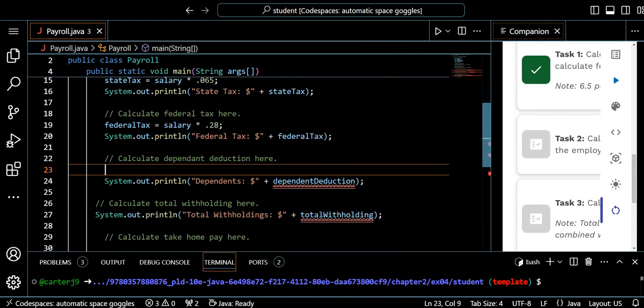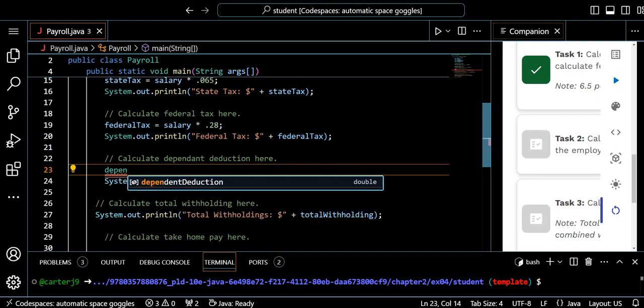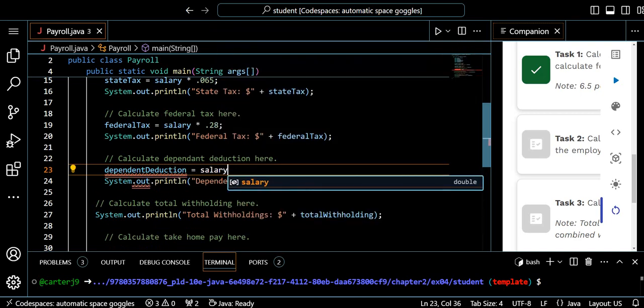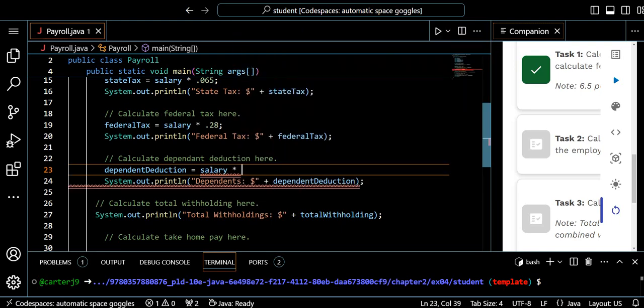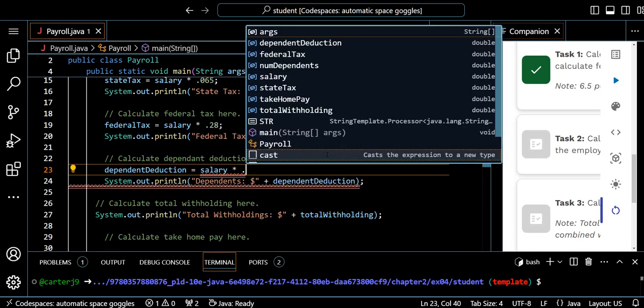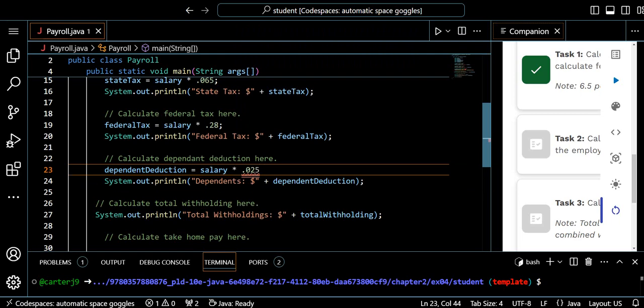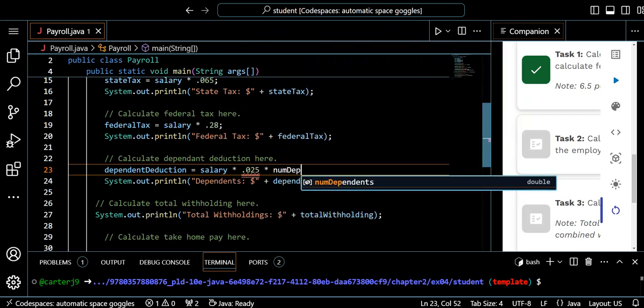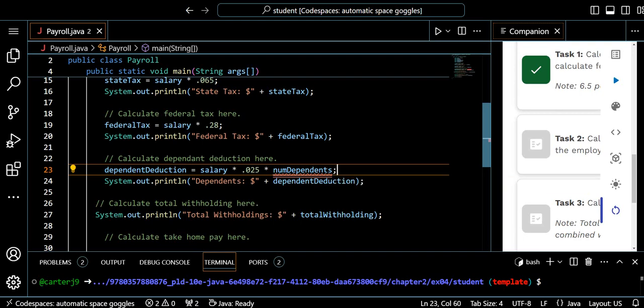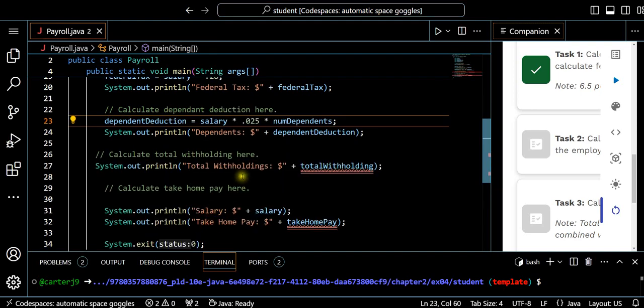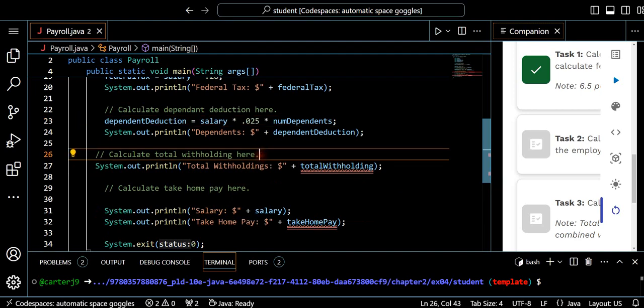Dependent deduction. Let's go dependent deduction equals salary, and that's going to be times 0.025 times number of dependents. Alright, so come on down to calculate total withholdings.